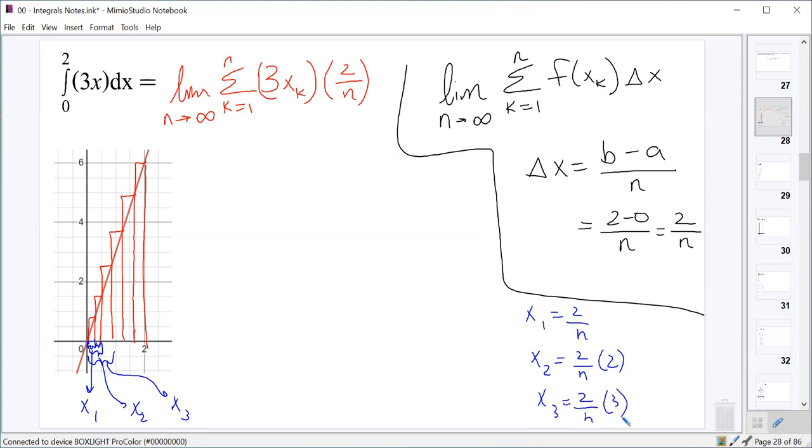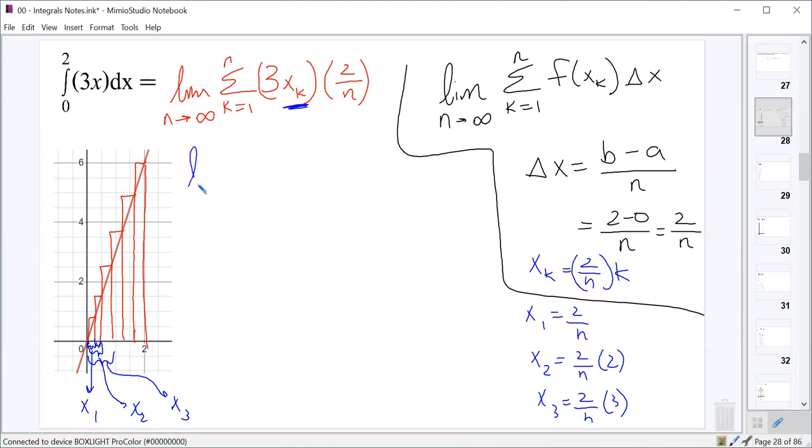And as I go over any value of k subintervals, if I go over 4 subintervals or 7 subintervals or 1,000 subintervals, it's just going to be the length of one of them times 4 or times 7 or times 1,000. Right? So if I'm going over k subintervals, that means I'm going to have 2 over n times k as my x sub k value. Or just 2k over n.